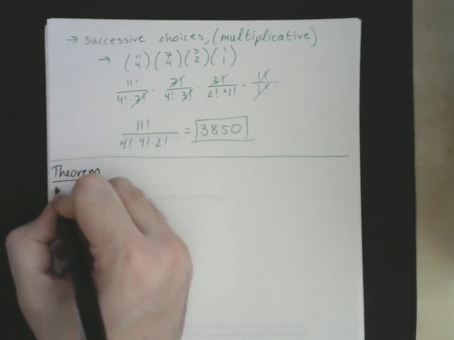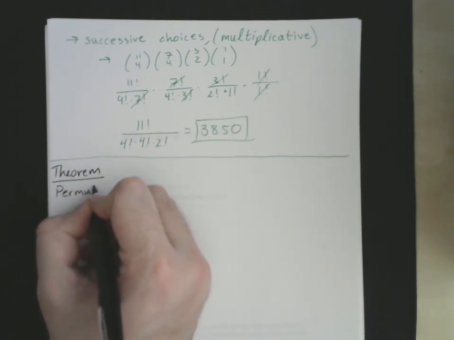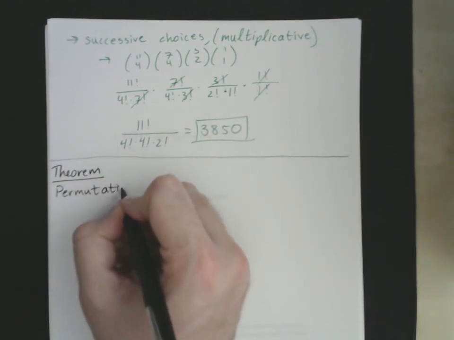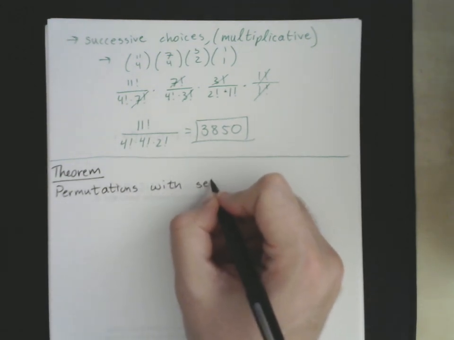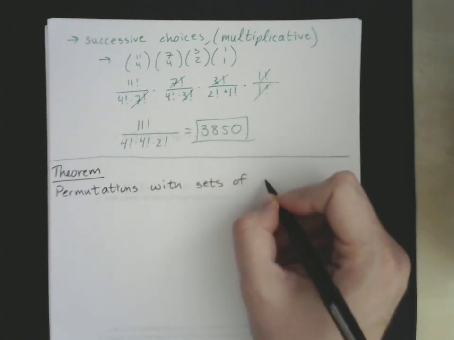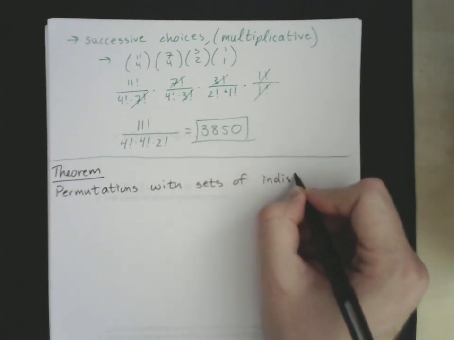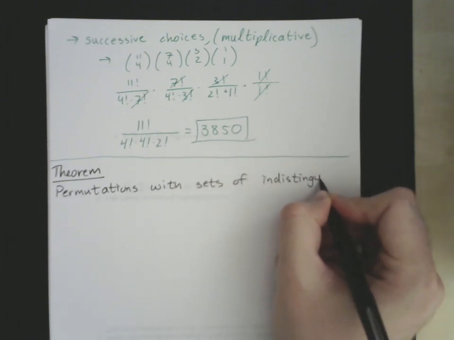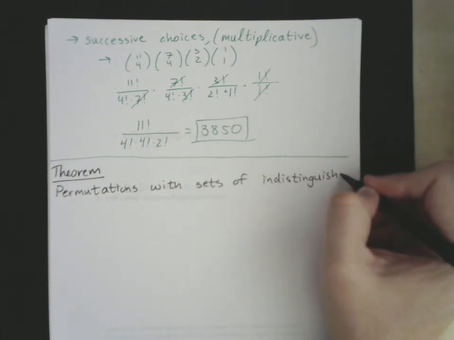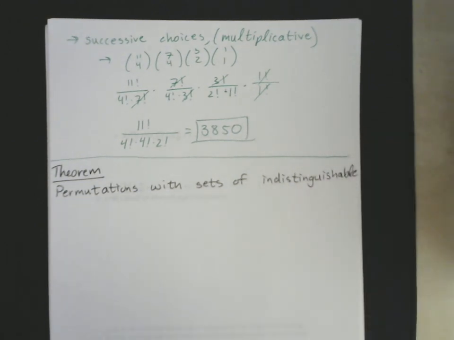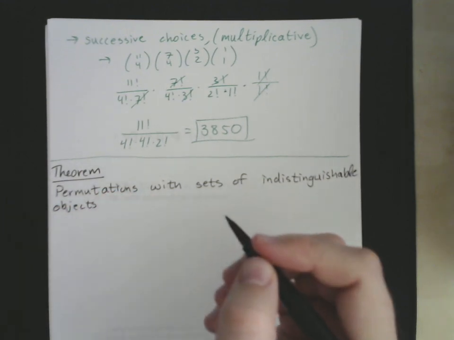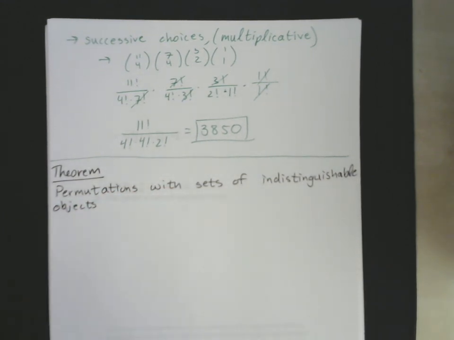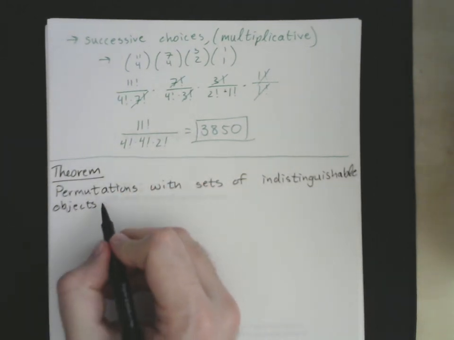And it says permutations with sets of indistinguishable objects, or it talks about permutations with sets of indistinguishable objects.